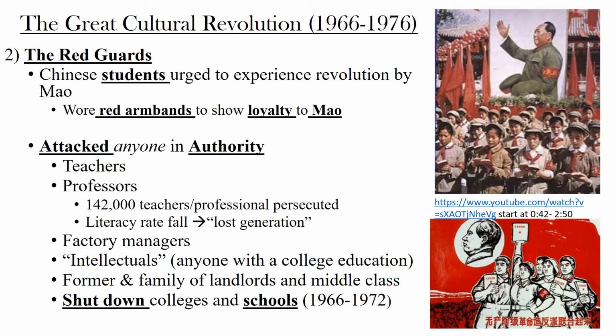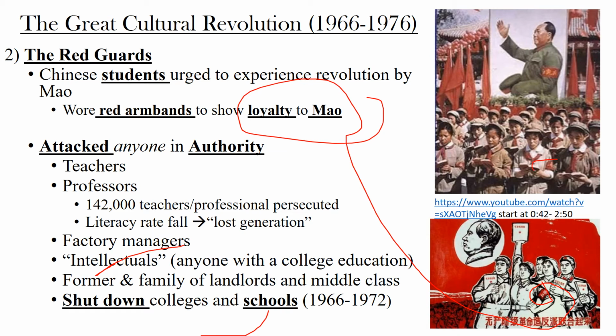We experienced the revolution personally, but now we've been in charge for a generation, you, the children, must experience your own revolution. Only guided by Mao will you know the joy and wonder of tearing down the old society and rebuilding something new. And they get called the Red Guards because they wear red armbands to show their loyalty to communism and their loyalty to Mao Zedong.